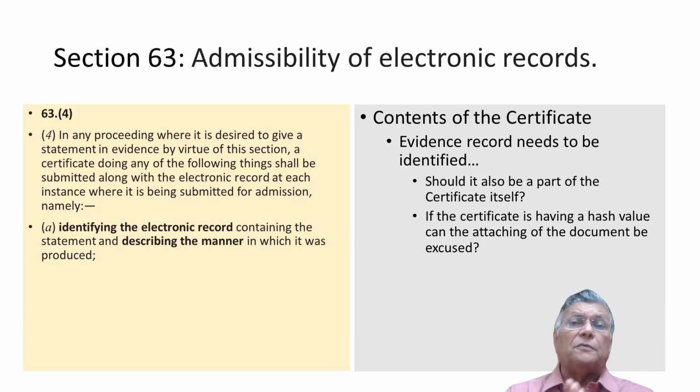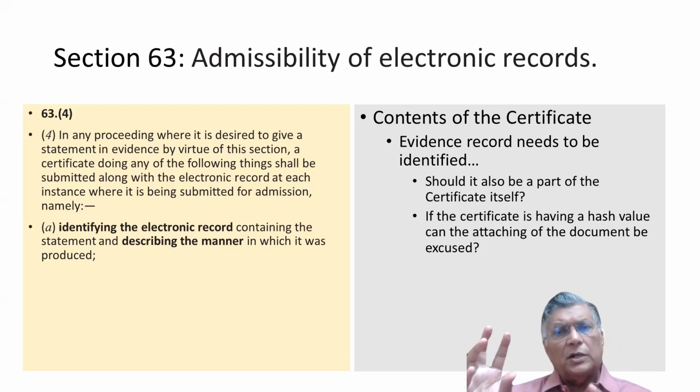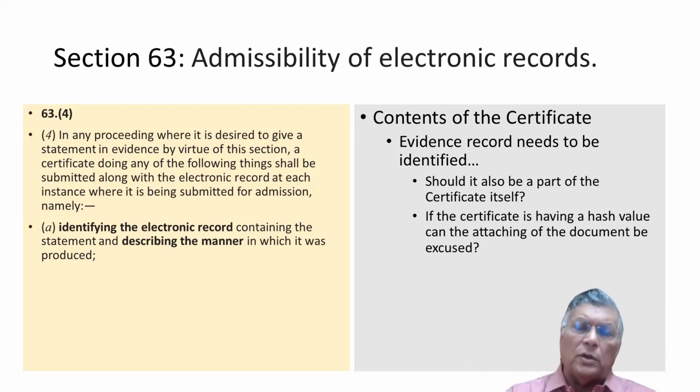Now, in the case of a video or an audio, the audio cannot be printed. Therefore, it has to be captured in electronic form. You can calculate the hash value. You can state the hash value in your written statement, saying that I'm enclosing herewith a video whose hash value is so and so.